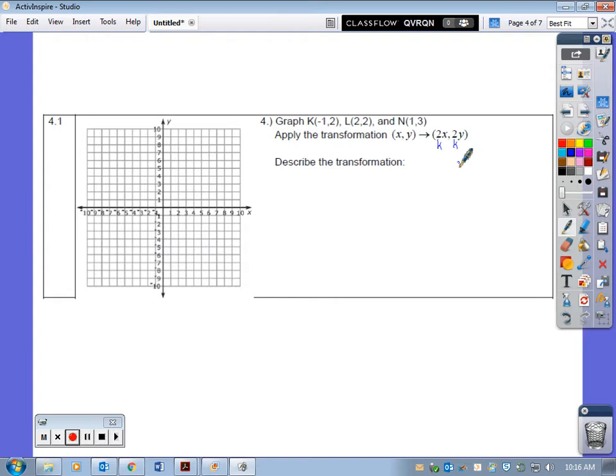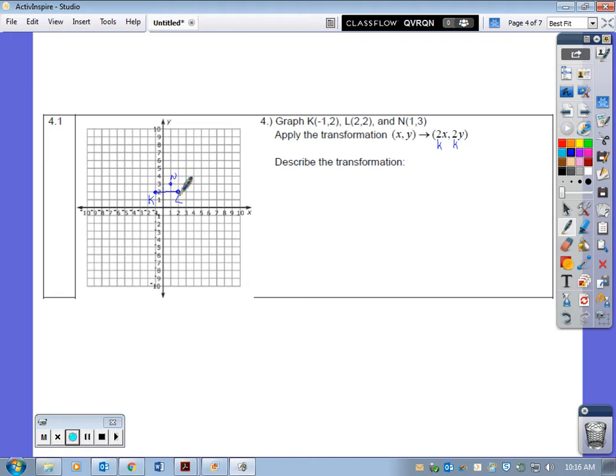So K is negative 1, 2. So here's K. L is 2, 2. And N is 1, 3.